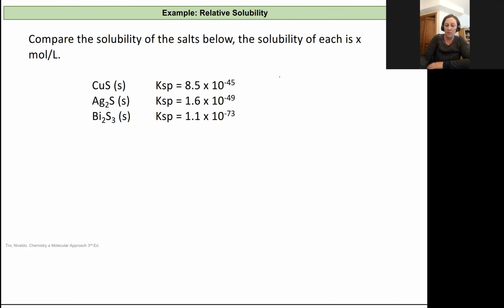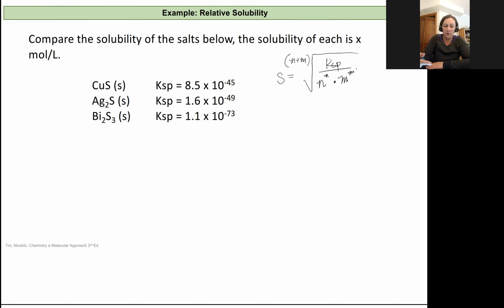There we go. So our molar solubility is going to be equal to the n plus m root of our solubility product, Ksp, divided by our coefficients each raised to their own exponent and multiplied together.